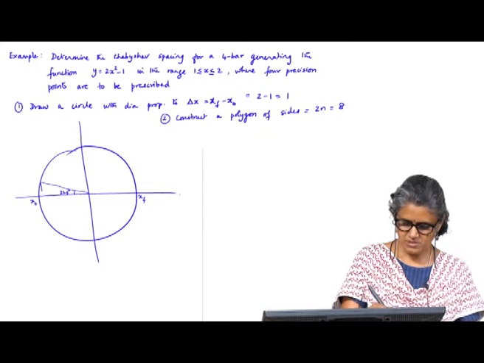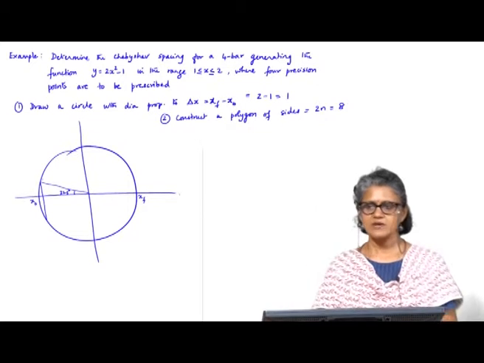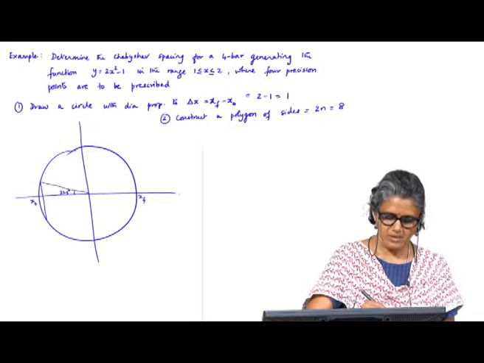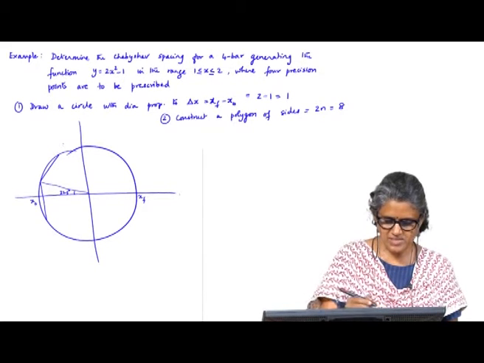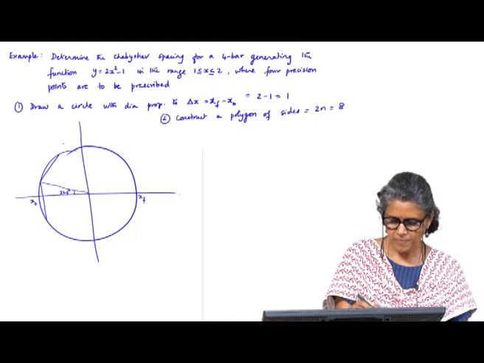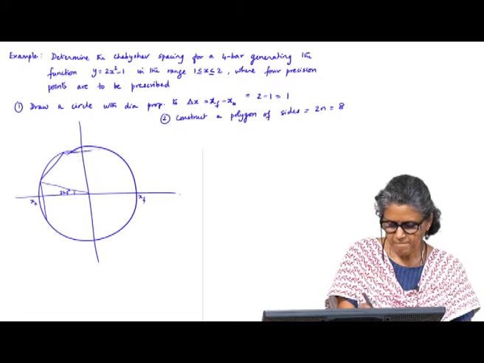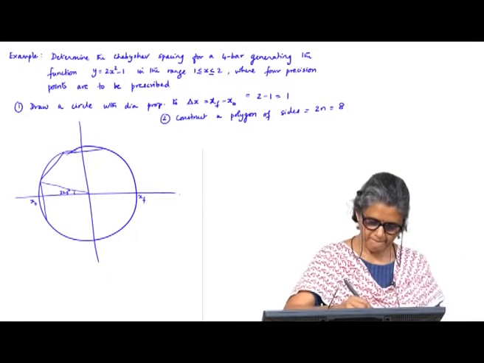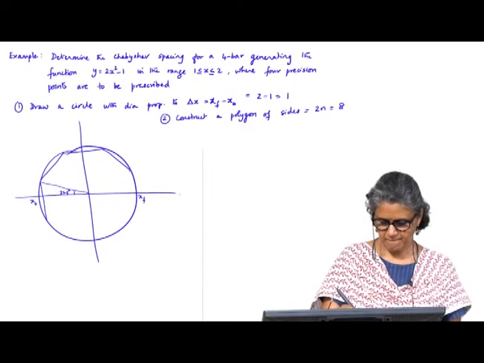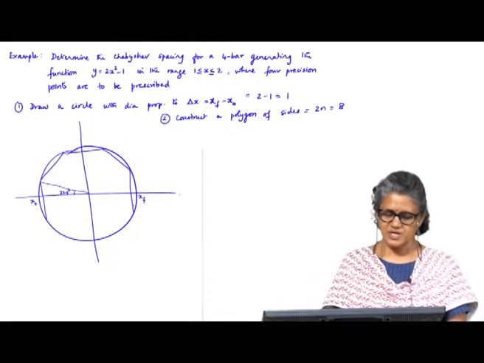So, this would be the side of the polygon. Then using that I can construct the rest of the polygon. I need to construct only half of it.